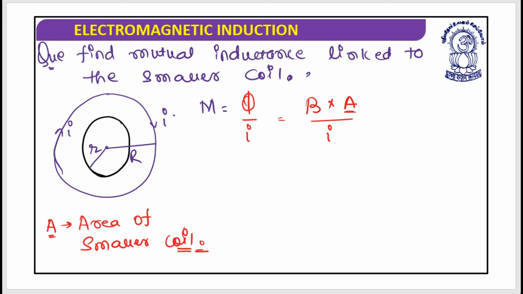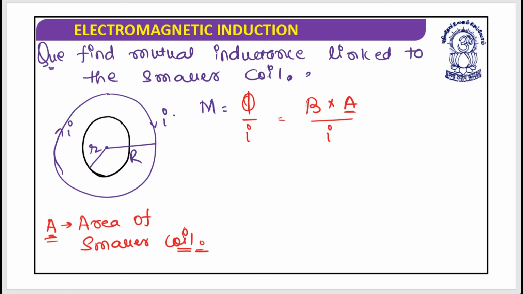This is the area of the smaller coil always. You need to take the area of the smaller coil every time, without having any doubts in your mind. Even if current has been passed through the smaller coil, you are going to take the area of the smaller coil because it is basically an intersecting area. It is an area which is common to both. I hope you got this.